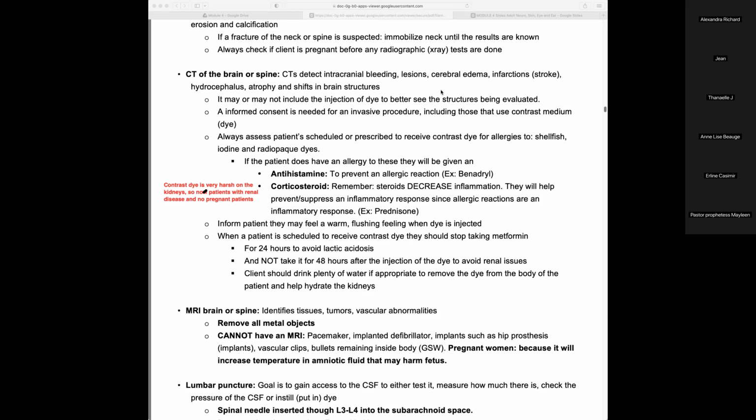Okay, contrast dye is very harsh on the kidneys, so no patients with renal disease and no pregnant patients.